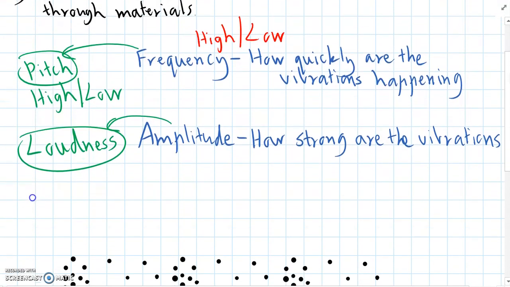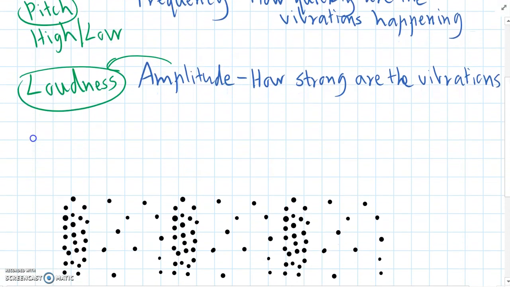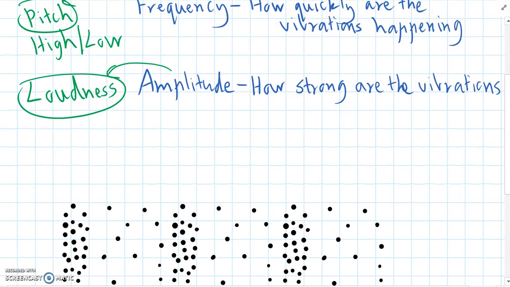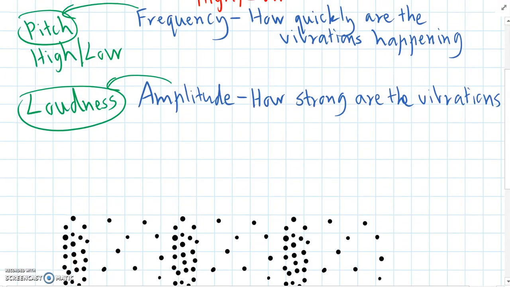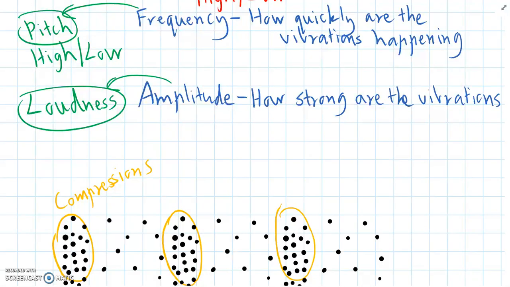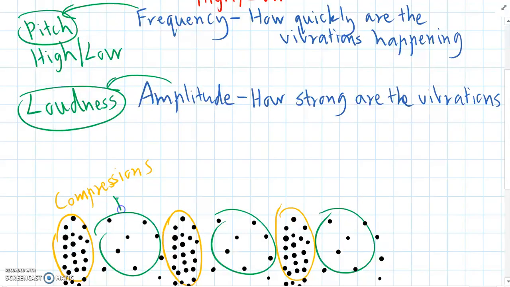Let's look at a sound wave again to practice using these words. So here are some particles with a sound wave moving through them. Remember, sound waves moving through particles have areas of high pressure, which are called compressions, and areas of lower pressure, which are rarefactions, where the particles are more spread out.